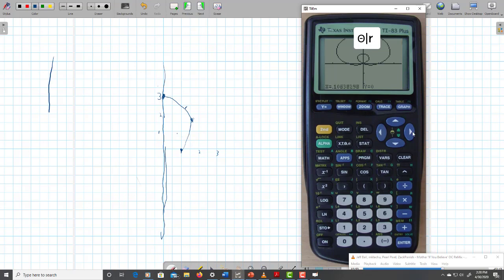So let's trace. It does this extra little loop-de-loop. Let's see. Pi is probably where it actually hits 0. Pi is right there. And then between pi and 2 pi is where it does this stuff.